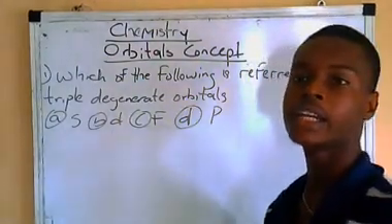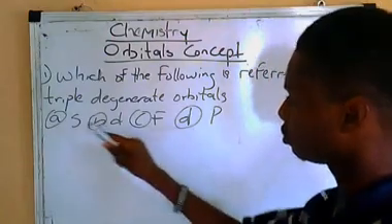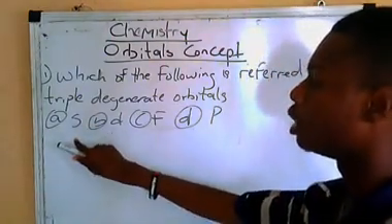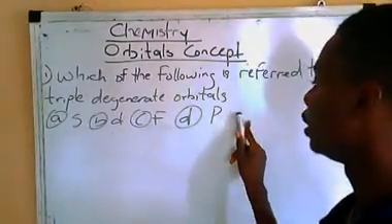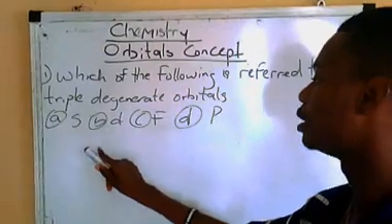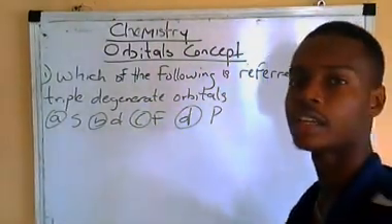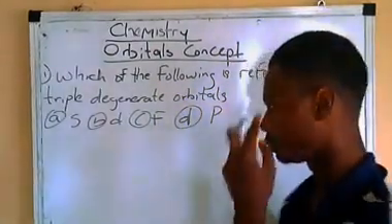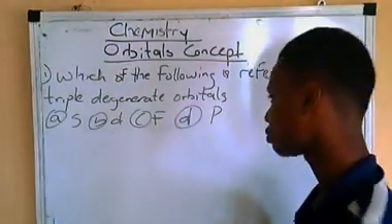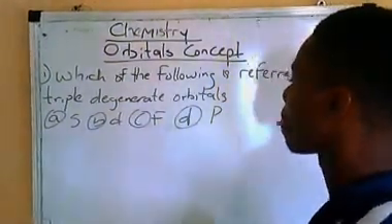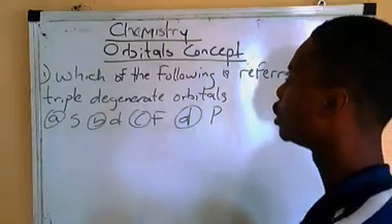I told you the carrying capacity of the s block is 2, p block is 6, d block is 10, and f block is 14.